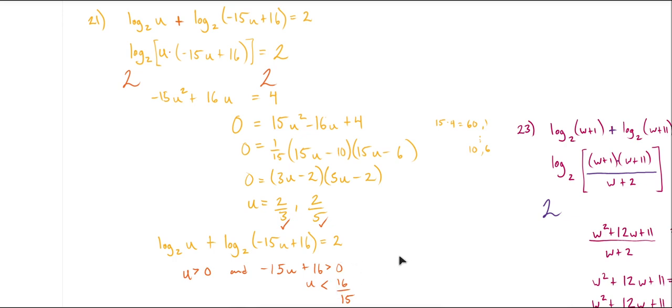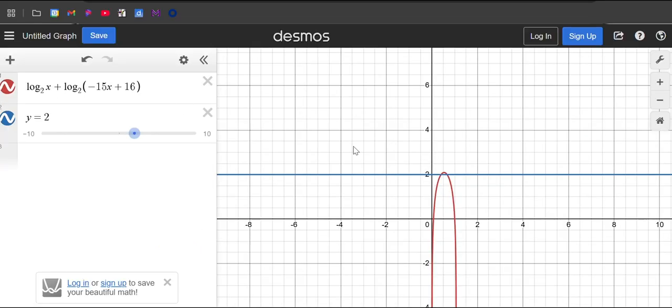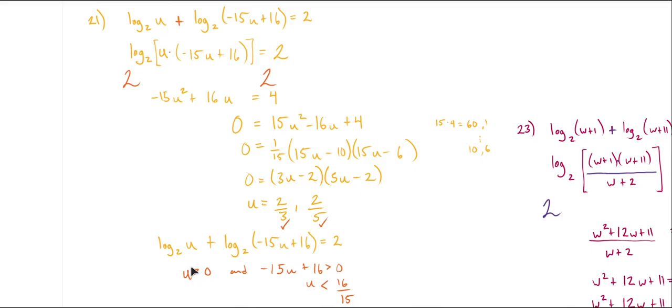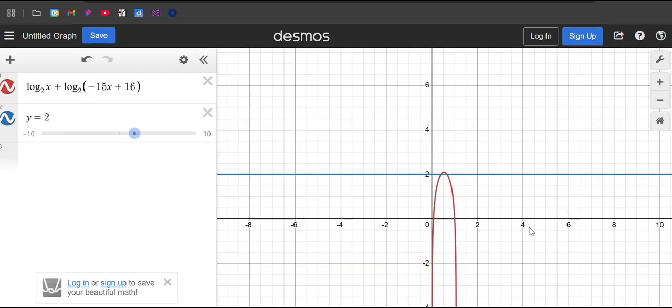Let's actually take a quick look at a Desmos graph and see what this looks like. What I've done here is I've written out the left-hand side of the equation in red as the red curve. And on the other side, we have the constant value of 2, which is given by this blue curve here. Notice that our domains, which were that we had to be positive but less than 16/15, are indicated here.